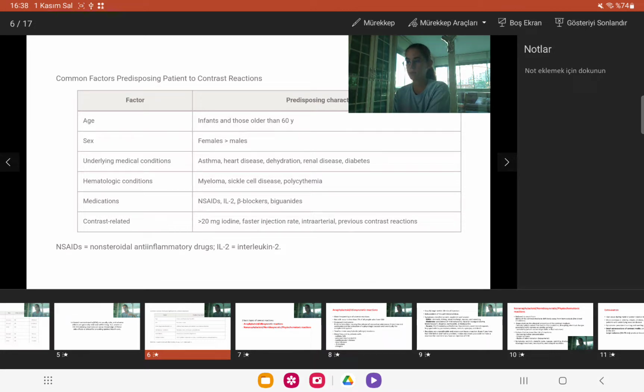Some underlying medical conditions, hematologic conditions, medications used by patients, and contrast-related properties also predispose patients to these contrast reactions. Especially, it's important to note that if a person has allergic reactions, they are more predisposed to these adverse reactions.